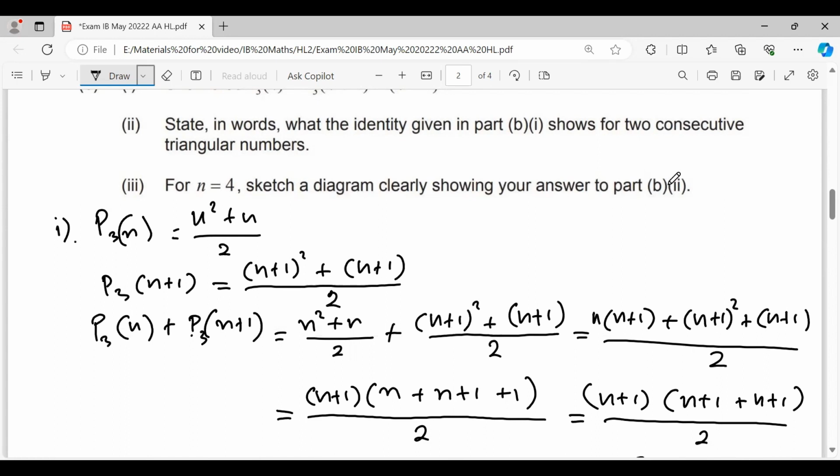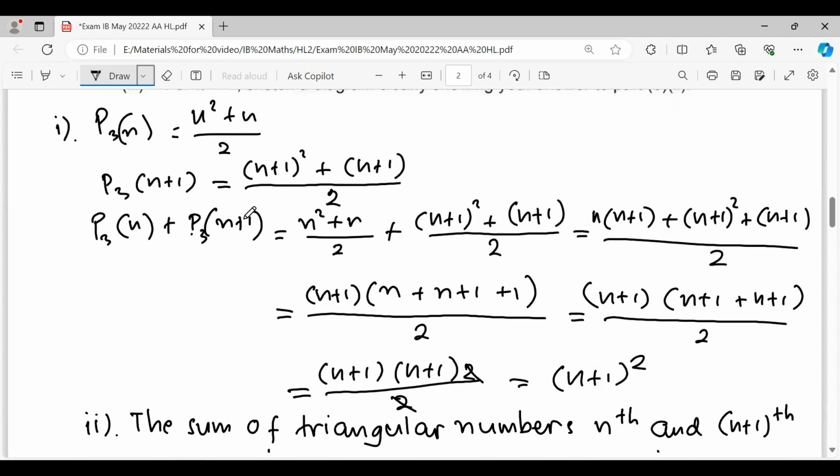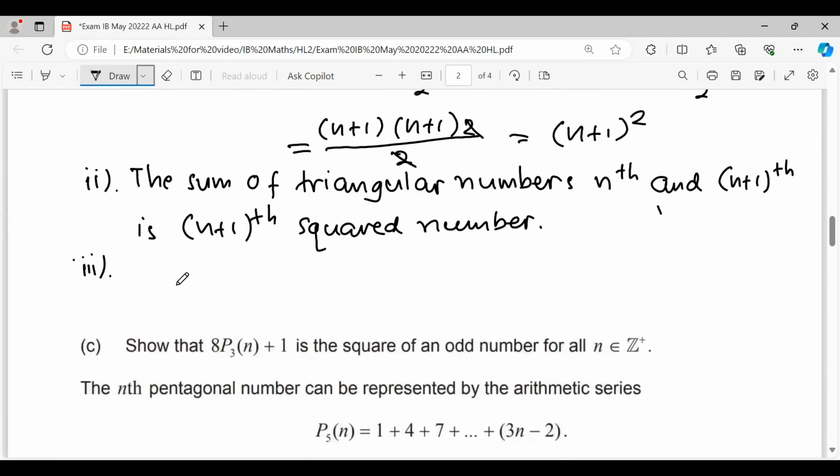Okay, if n equals 4, P_3(4) is (16 plus 4) over 2, 20 over 2, which is 10. So if n equals 4, it would be 1, 2, 3, 4.